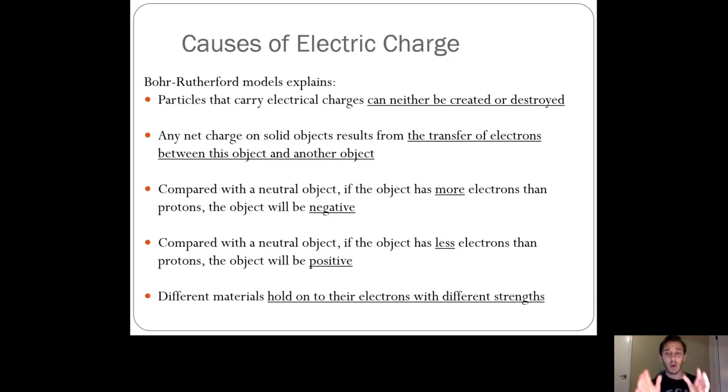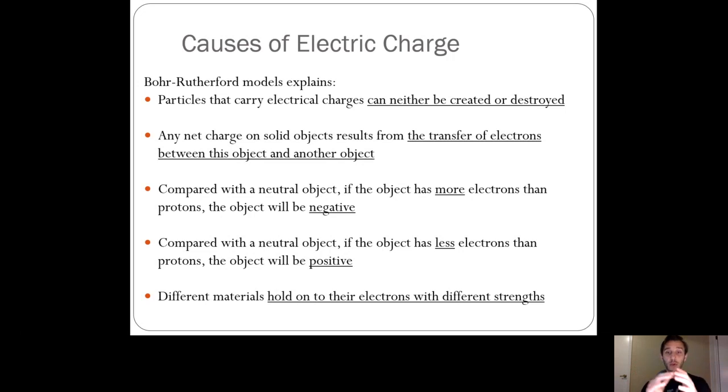What is free to move are the electrons, those negatively charged electrons. Remember, we gain and lose those all the time in chemistry because they're, to some degree, free to move. Some materials have electrons that are a little easier to move than other materials, but generally speaking, electrons are free to move.